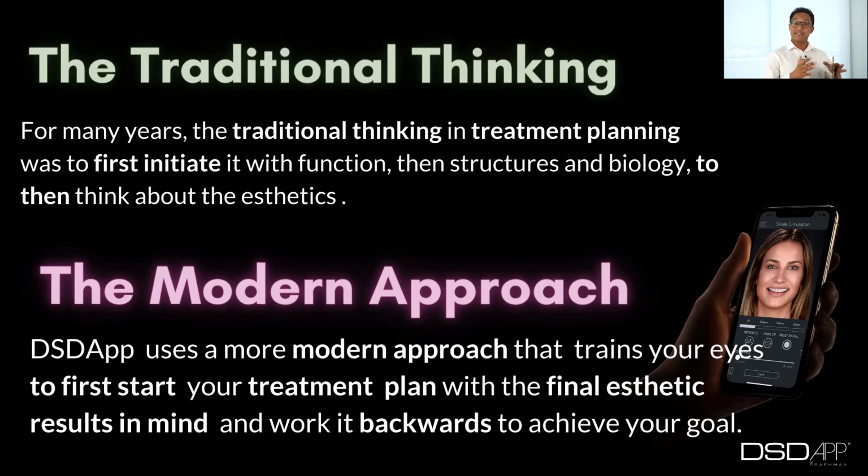When it comes to DSDApp, you deliver what we call the modern approach. So you use your dental knowledge with the dental tech knowledge to deliver first the final aesthetic result digitally, to then work it backward in your treatment plan in order to achieve your final goal.